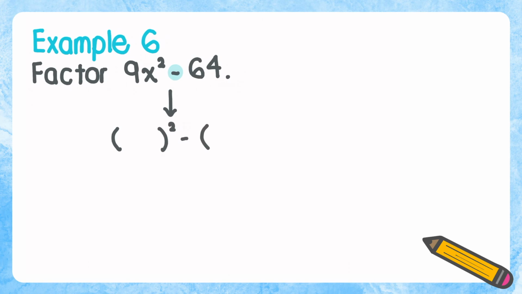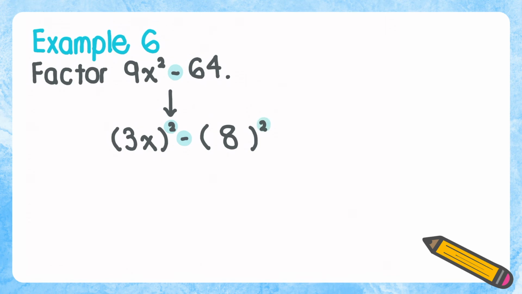So it's going to look like something squared minus something squared. So let's look at the easier part first. Since 64 is a perfect square, I'm going to write 8 right there. On the left side, that 9x squared, what goes inside the parentheses is 3x, because notice that 9 is also a perfect square. So now, don't just look at the variable, but make sure you're also looking at the coefficient.